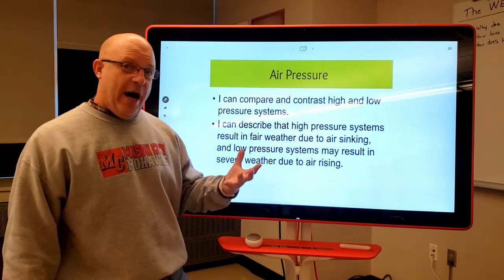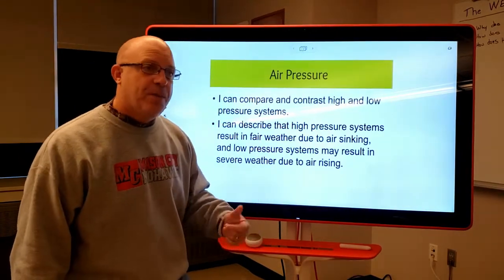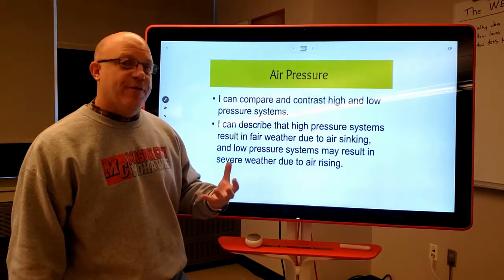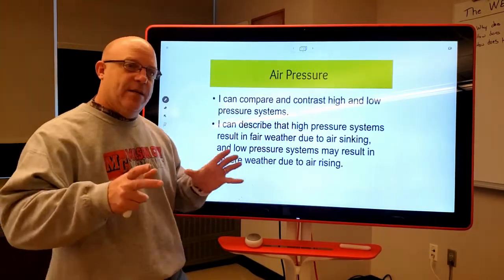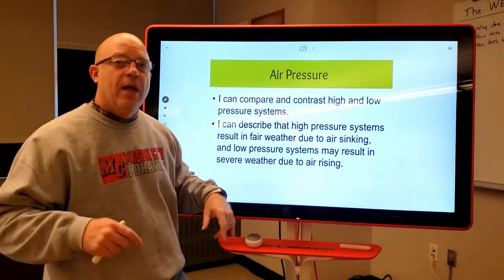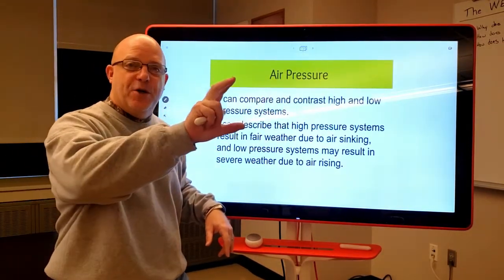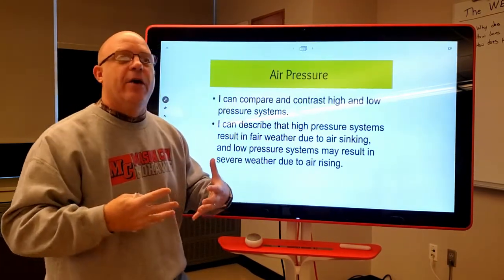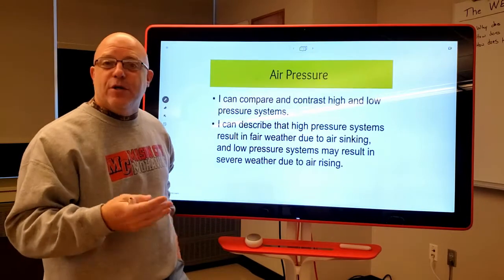We're going to talk about the high and low air pressure systems. Then we're going to talk about the cold air and warm air and how they fight each other. So when these components, pressure has high and low, that's two, and temperature has a cold front, warm front, that's two.